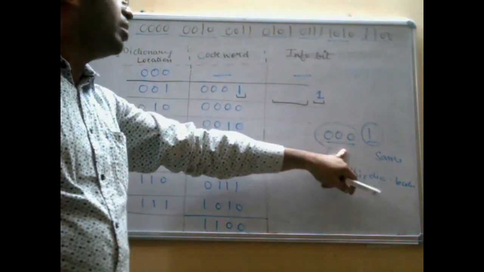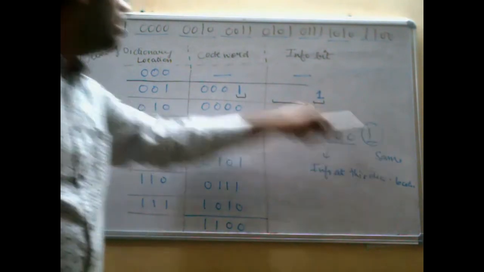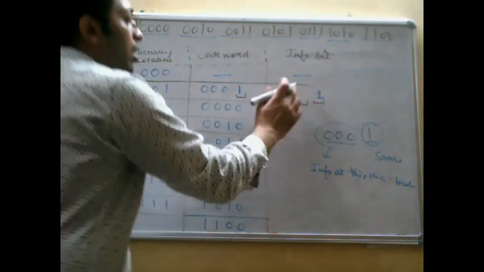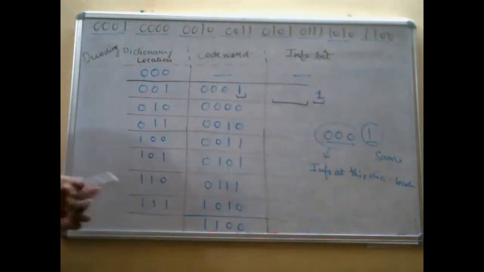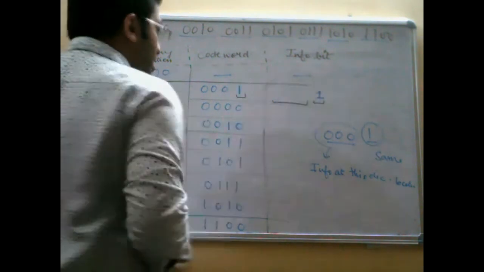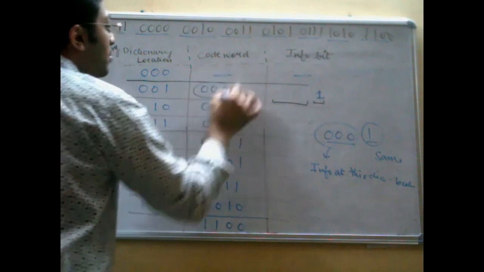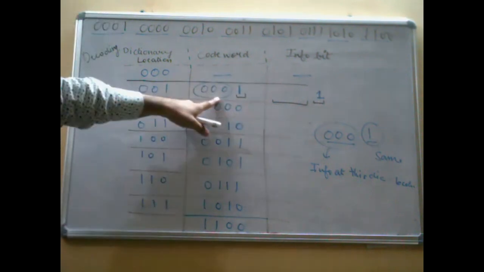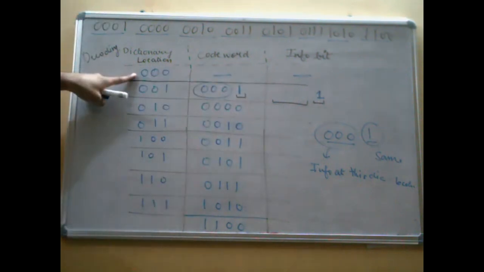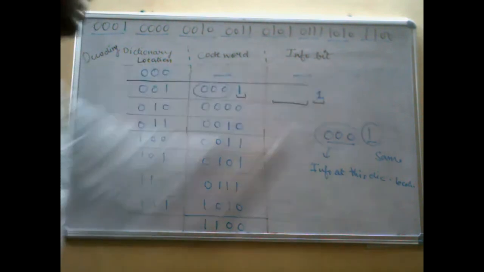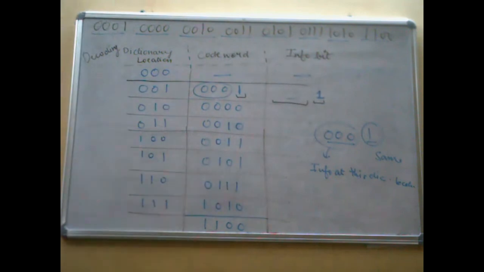Whatever the information content is at this dictionary location will be assigned over here accordingly. See how it is done. This 1 is passed as such. Then the remaining 3 bits are 0. These 3 bits mean I will go to this dictionary location. At this 000 dictionary location, what is the information bit? Nothing. It is empty. You will leave it as such.